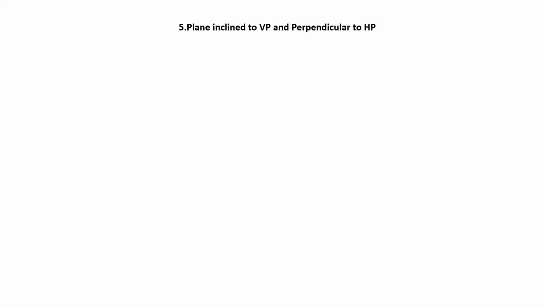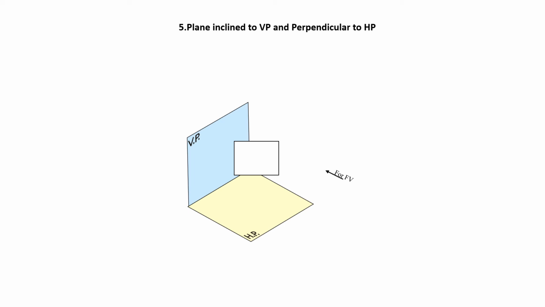Next case, plane inclined to vertical plane and perpendicular to horizontal plane. This is the vertical plane, the horizontal plane, and a rectangle is inclined to vertical plane at an angle phi. Always the inclination with vertical plane is denoted by phi.